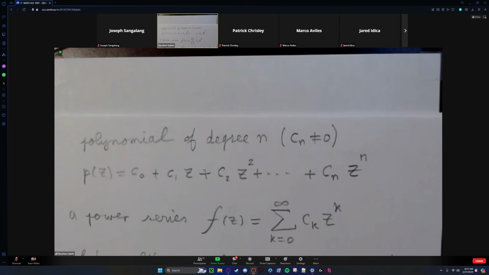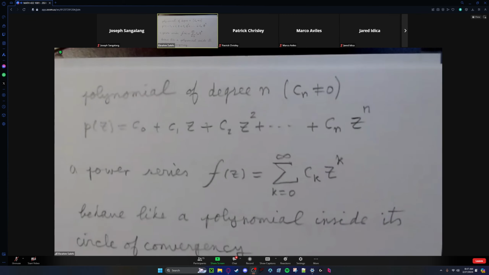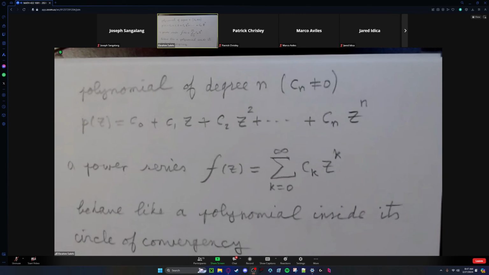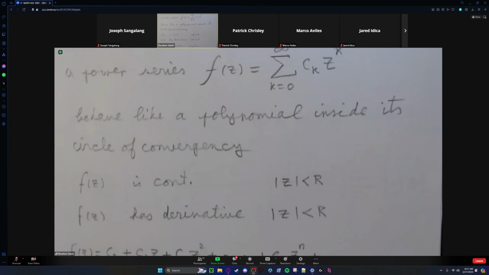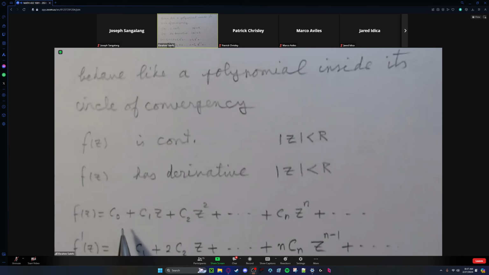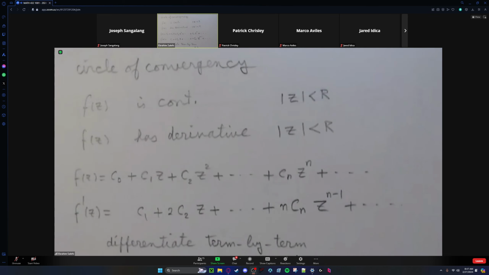In fact, if you have this power series within the disk of convergence, it is a continuous function. It's a beautiful function inside that disk of convergence. It also has a derivative, and how do we take the derivative?